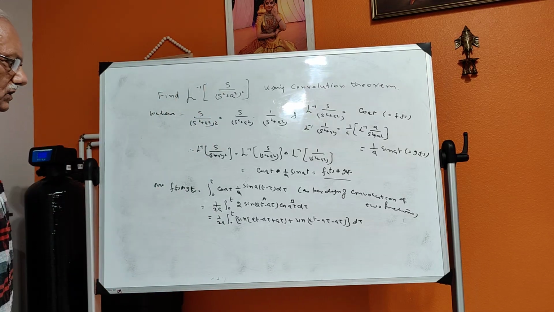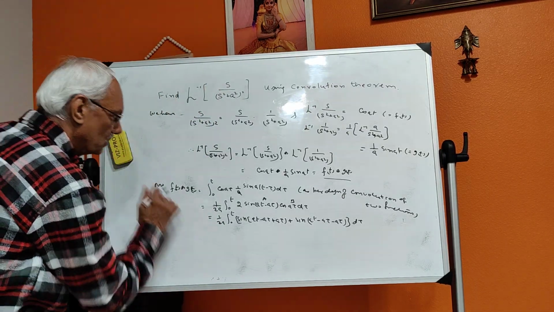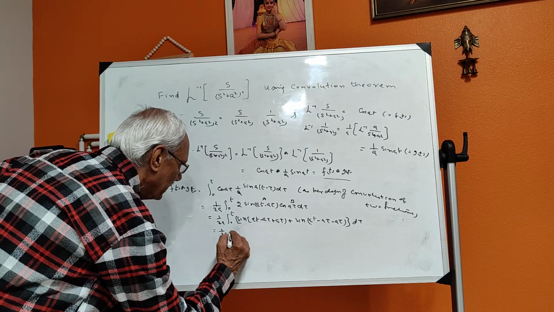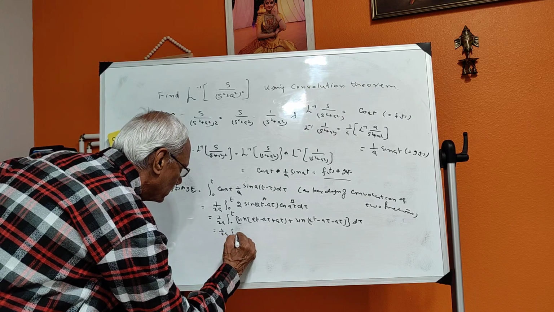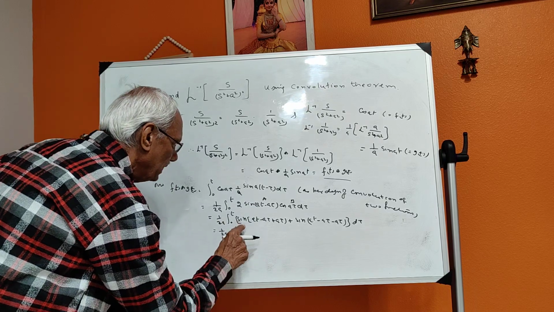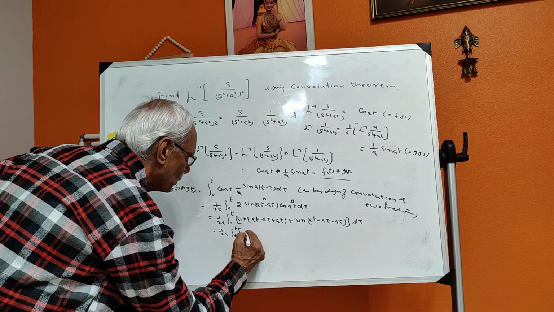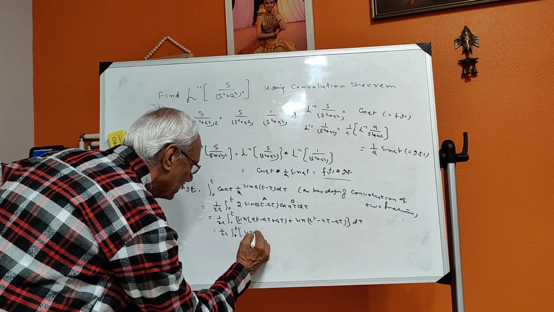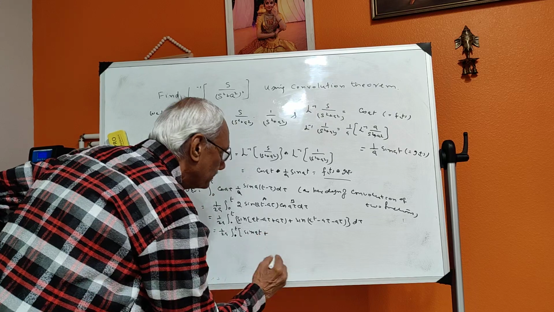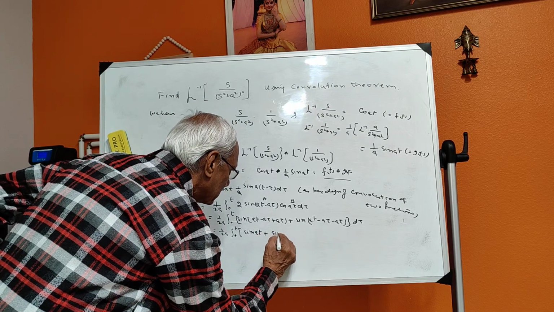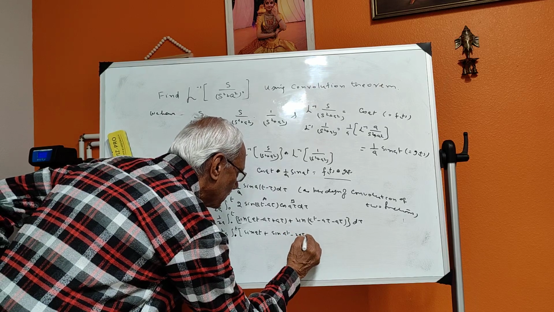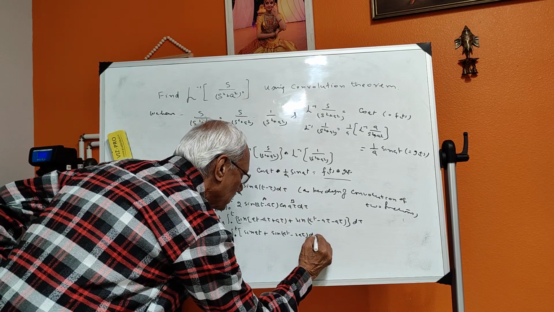This is what you get. So this is equal to 1 by 2a, integral from 0 to t, where the tau terms cancel in the first, giving sine at, plus sine of (at minus 2a tau) d tau.